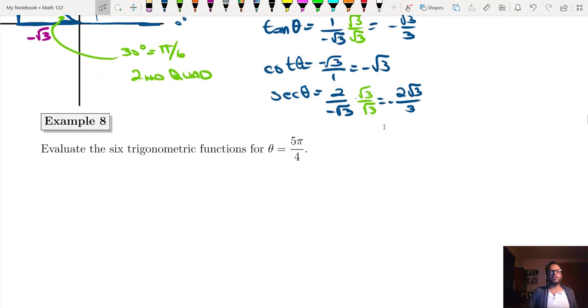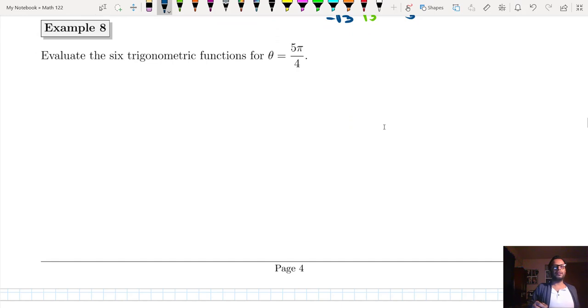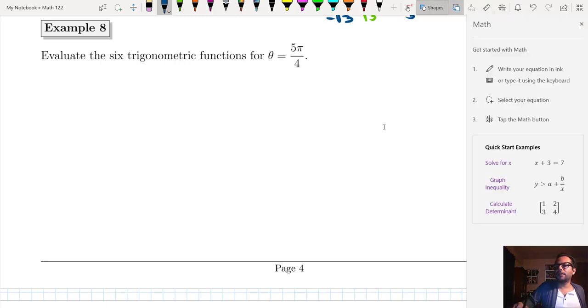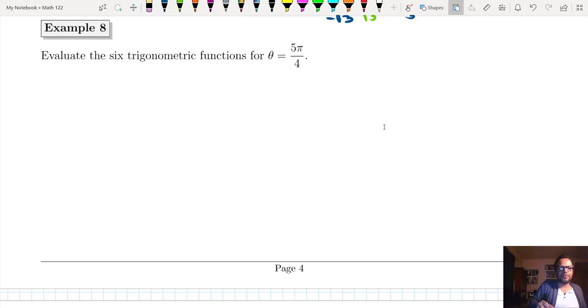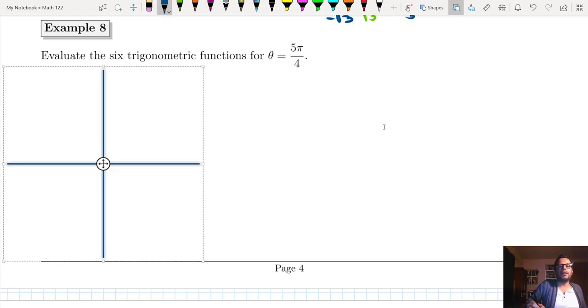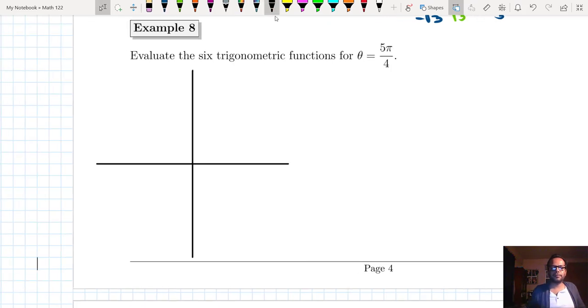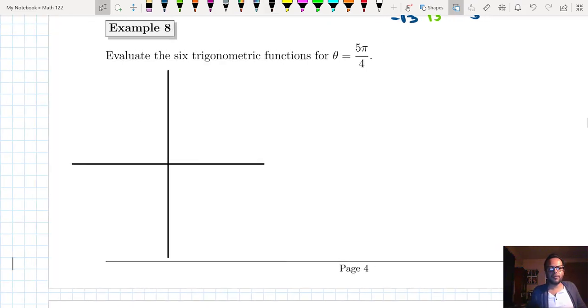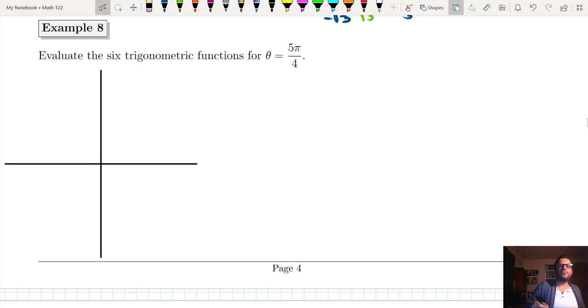All right. What about evaluating the 6 trigonometric functions for 5 pi over 4? I'm going to do another Cartesian plane here, and let's draw 5 pi over 4.